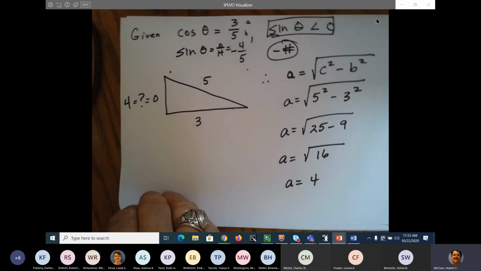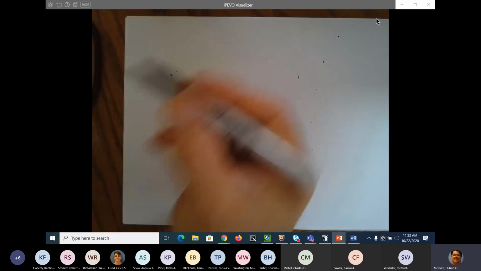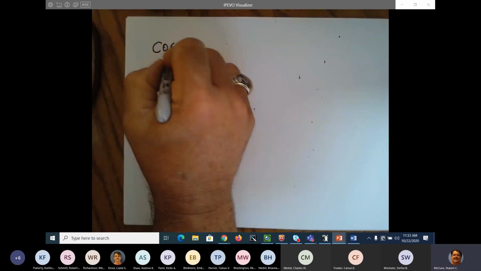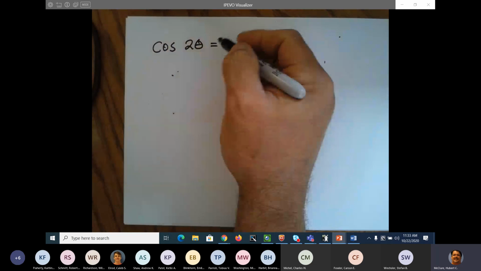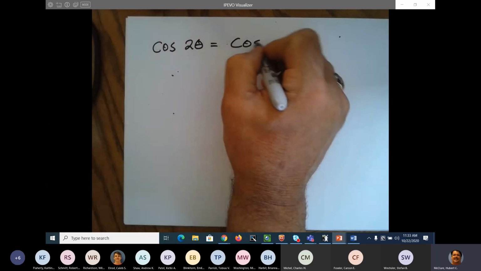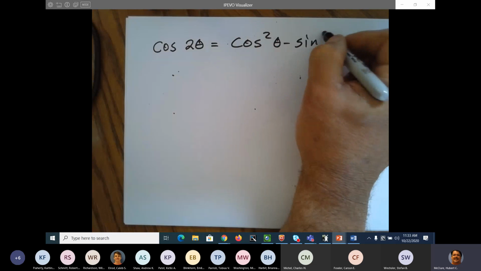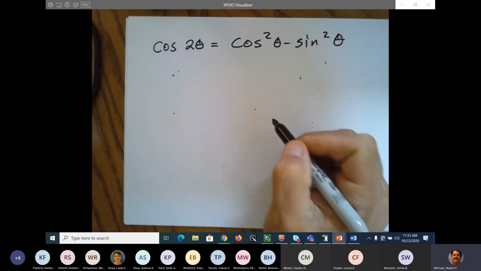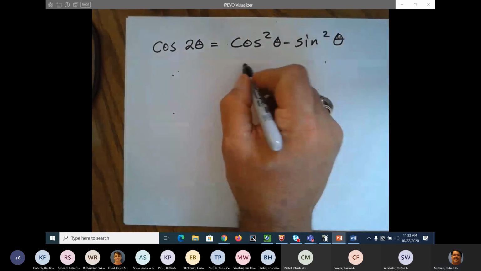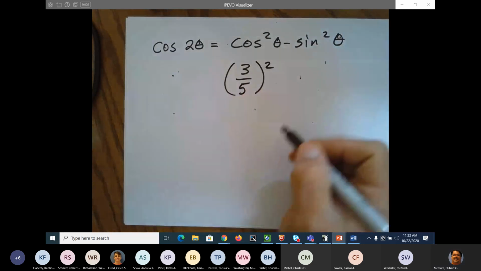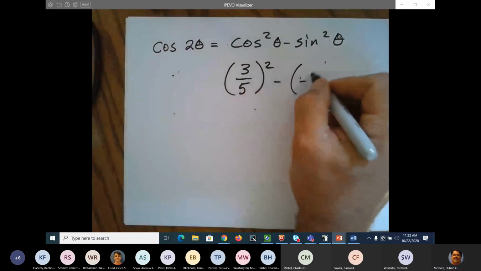Okay, now let's get back to the cosine. The cosine of 2 theta. I told you I was going to use the one that looks like the Pythagorean: cosine squared theta minus sine squared theta. What's the cosine? 3/5. What's the sine?